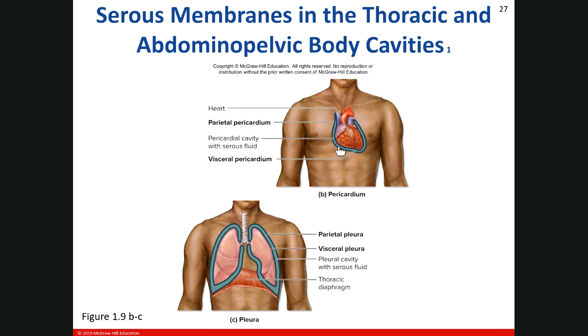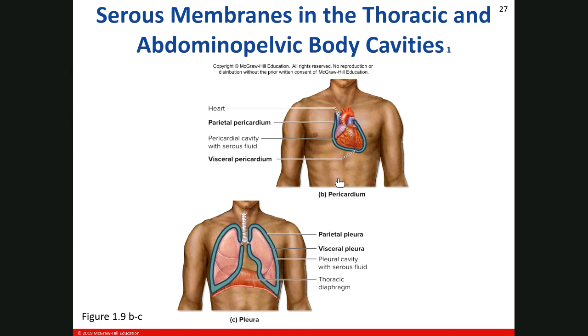That's the name of this layer here. And then this light blue, that's the pericardial cavity. That's where the serous fluid will be. And then this darker blue line here, that's the parietal pericardium. Serous membrane is the general term, but now that we're at a specific organ, we're going to use the specific term, pericardium.